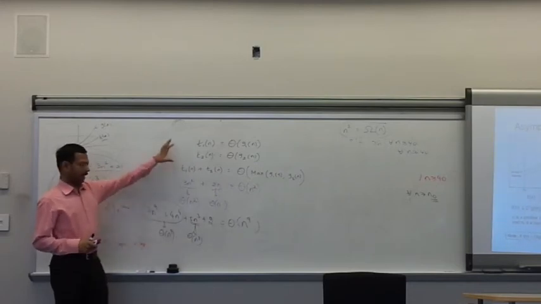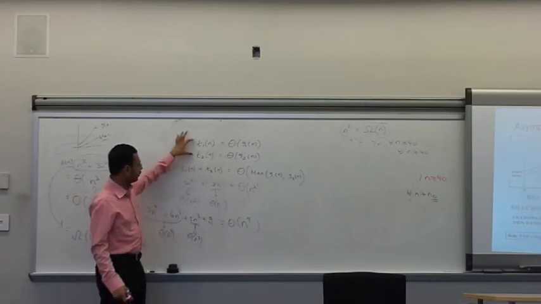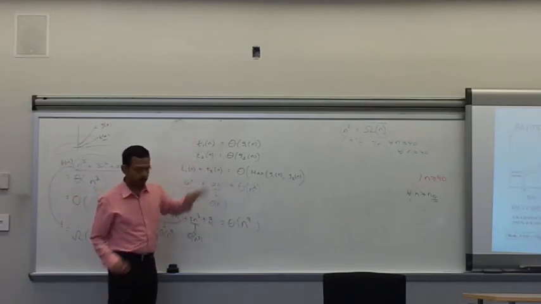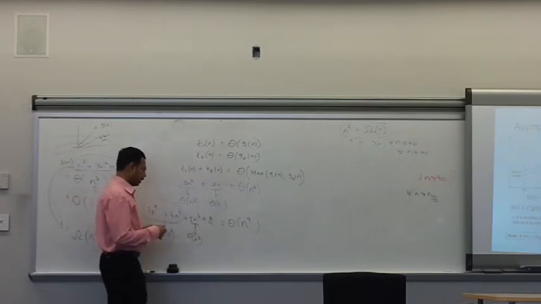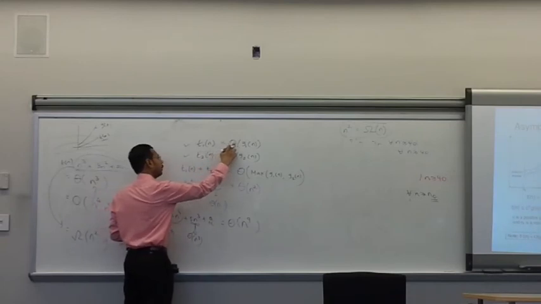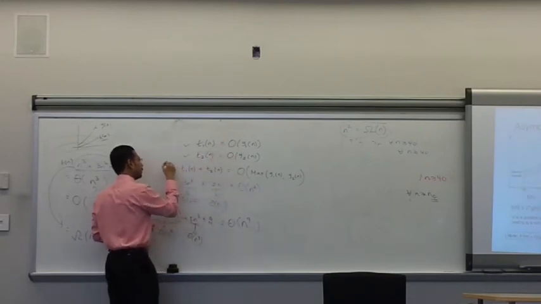So we are applying this as a property. Now we want to prove this. How is this true? Given these two, we want to prove that this is true. So what is given to you? You are given these two, just using big O, and we want to prove this.